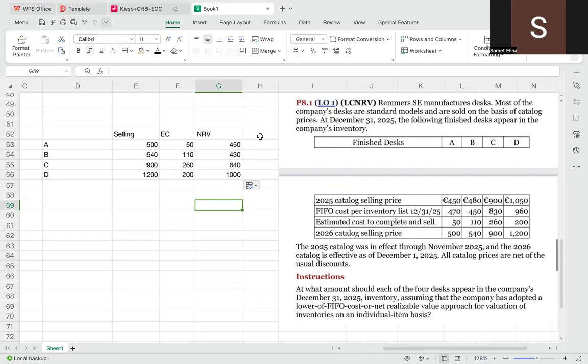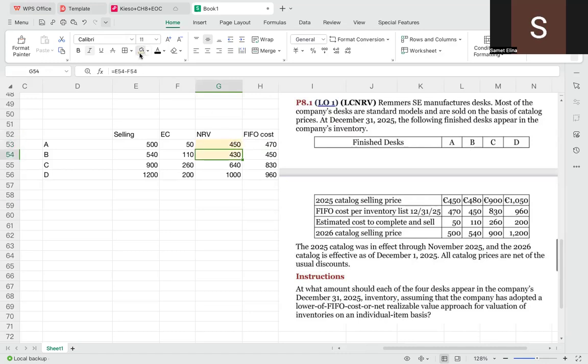And we have to compare it with FIFO cost in order to find the lower cost. So let me write FIFO cost here. FIFO cost, we have 470, 450. And we need to pick the lower one. This one is lower.